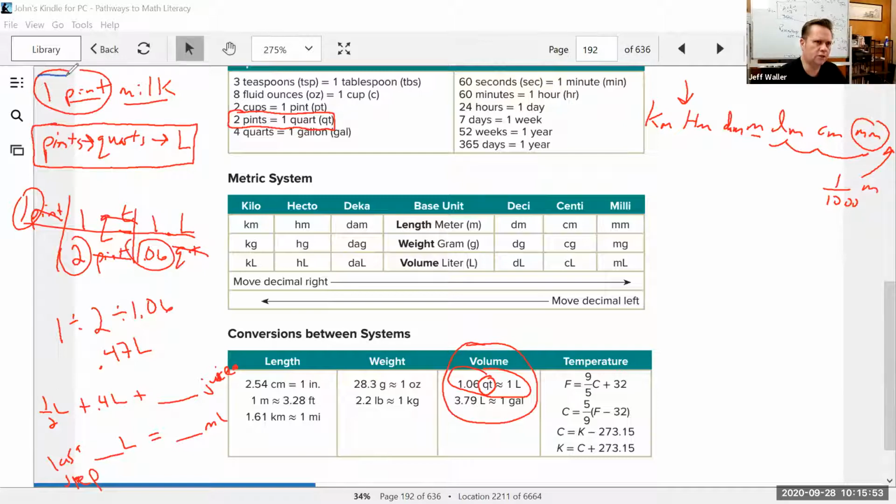All right. So we just did 1 pint of milk, and we converted it to 0.47 liters. Now you would take, like Linnell said, they have so many ounces of juice. Is there a way to go from ounces to liters? How would you do that?